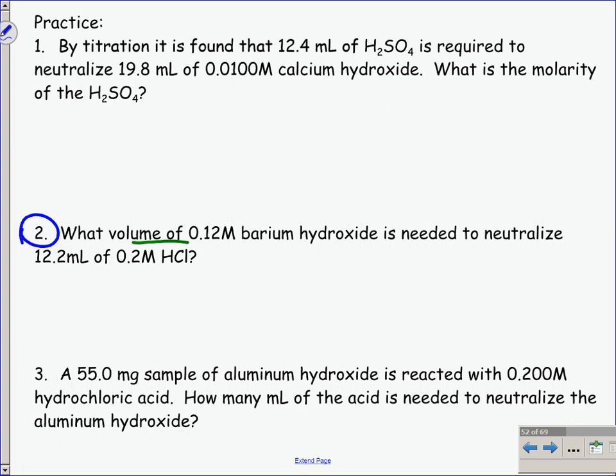I should see you all working on number 2 right now. What are you starting with on this one? The balancing of the equation. Absolutely.